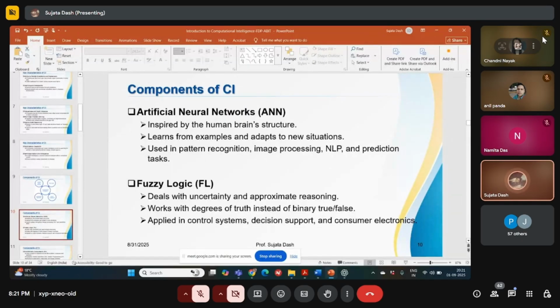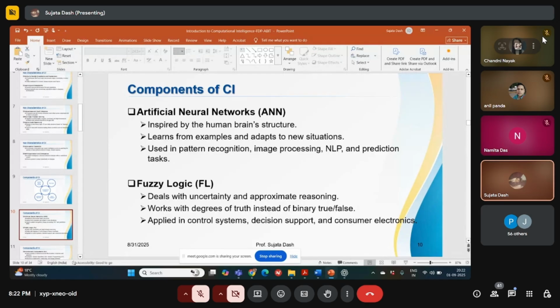Also, you can use ANN in natural language processing, like chatbots, translator tools, and voice assistants. Then prediction tasks also can be developed using ANN, such as stock market forecasting. You can forecast these problems using ANN.